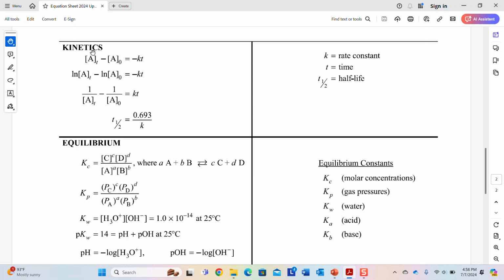There is a section with the title Kinetics. And there are 4 equations in this section that are going to be very helpful for us today. The good news here is that there is very little memorization. The hard part is knowing how to interpret these formulas that you are given.